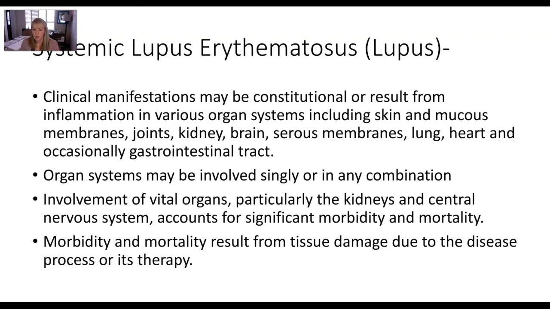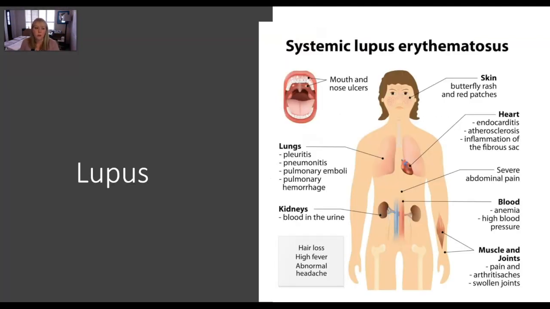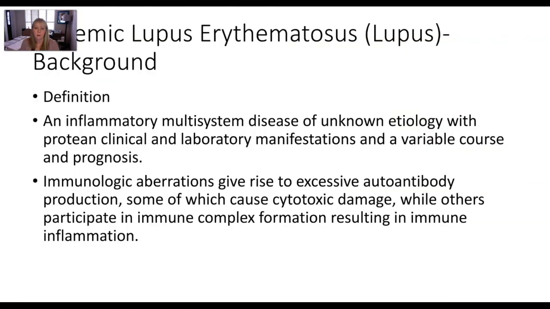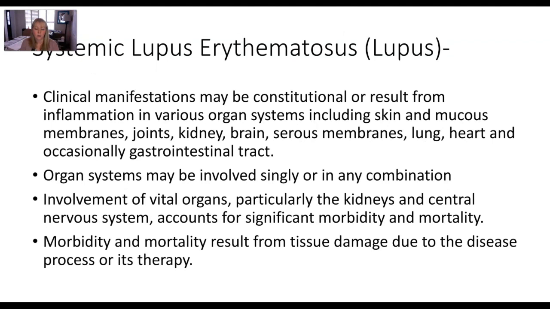So how do they present? Look at that. We'll go back to the picture here, but most often they'll have the butterfly rash and muscle and joint aches and pains. Perhaps they'll have mouth and nose ulcers, but sometimes it's just hard to even pinpoint because they just have vague symptoms and they're tired all the time and just don't know what's going on.